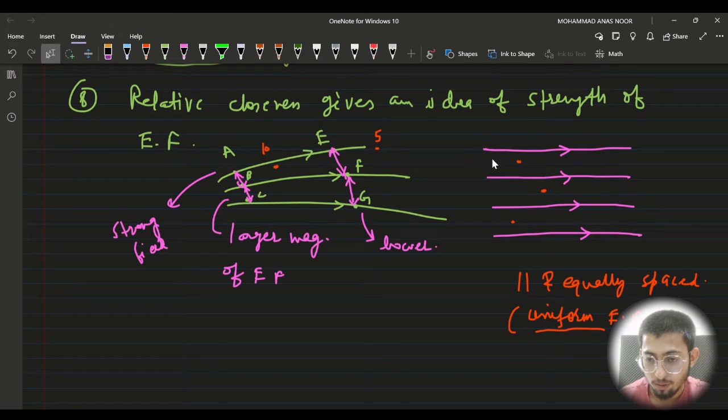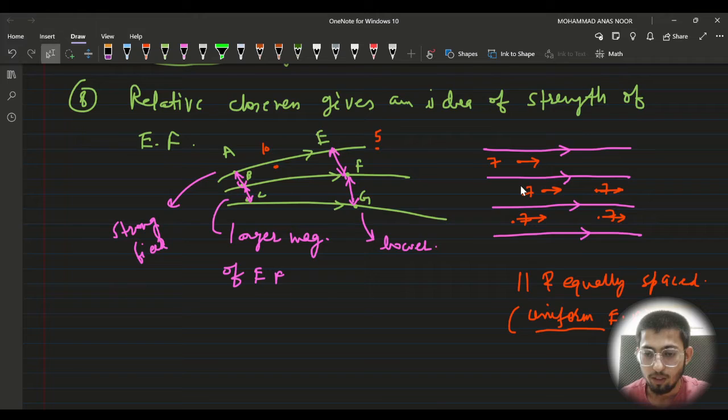For example, if it is 7 newton per meter here, it would be 7 newton per meter everywhere. That is called a uniform electric field. And the direction will be the same at any point. This is what a uniform electric field means.